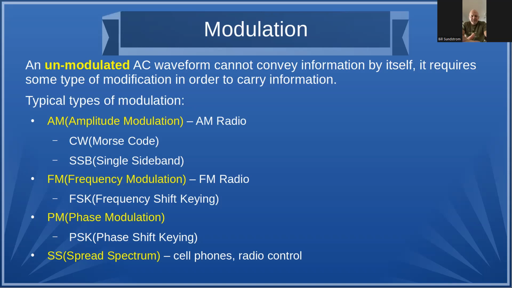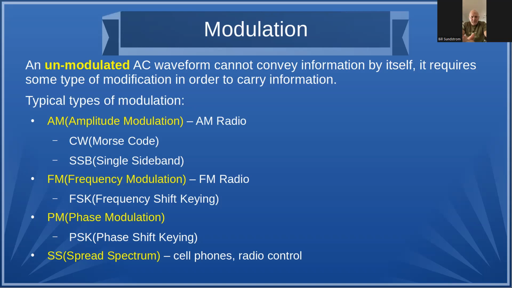That's actually a form of modulation. In this case, it's amplitude modulation, because you're having the amplitude go from 0 to whatever the max is to send a CW signal or Morse code.